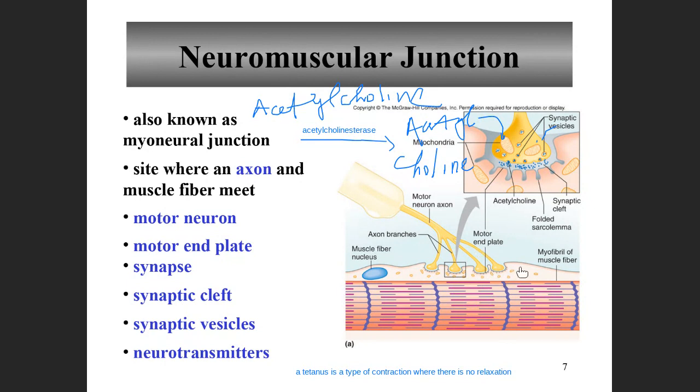In doing so, it's going to cause depolarization. The depolarization will travel down to the T-tubule. Remember, the T-tubule will talk to the sarcoplasmic reticulum, which opens up the calcium channel to release calcium.